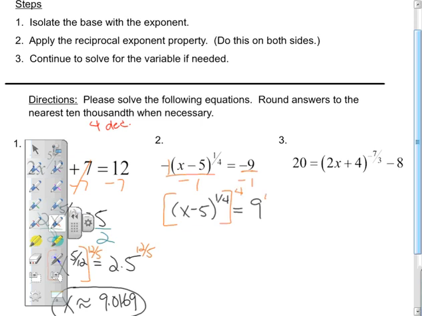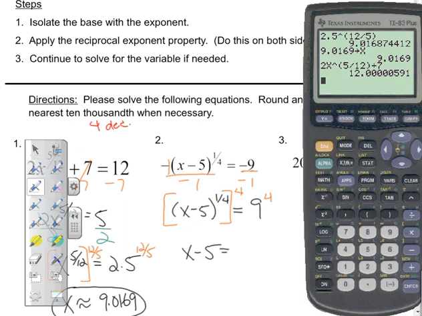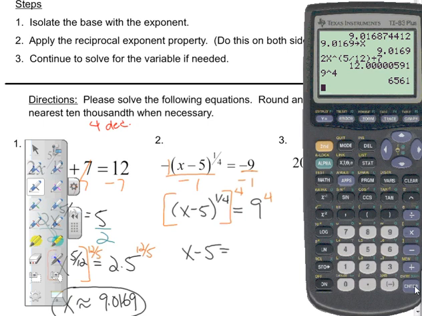And then I have 9 to the 4th on the right side. Well, again, 1/4 times 4 will create an exponent of 1, which is what's so neat and tidy about doing this, which means on the next line I would just have x minus 5 equals 9 to the 4th, which is going to be, in fact, 6,561.